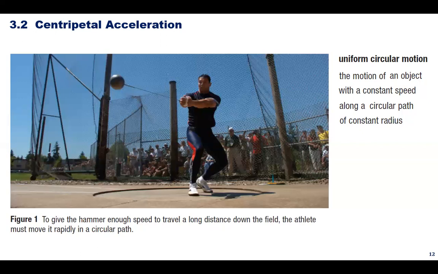You might not always realize it, but objects moving in circular paths are all around you: clothes in a washing machine during the spin cycle, the drum of a clothes dryer, the hands of certain electric clocks, and the spinning blades of a blender and lawnmower. All of these objects move with uniform circular motion.